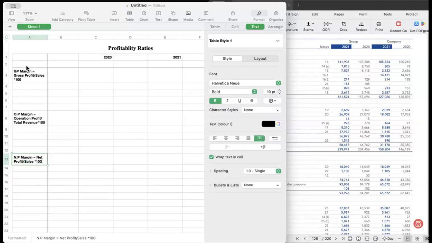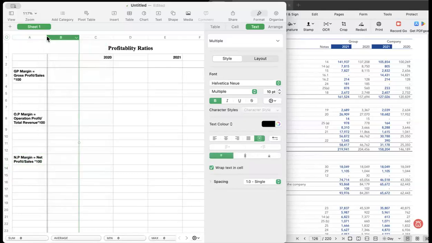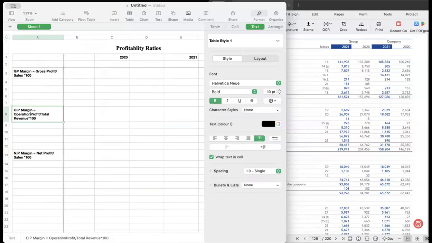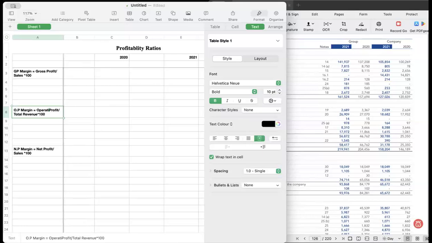So easy, you can remember the formulas easily. Gross profit over sales. Operating profit over total revenue into 100. Net profit over sales into 100. Revenue, sales, you can use it interchangeably.